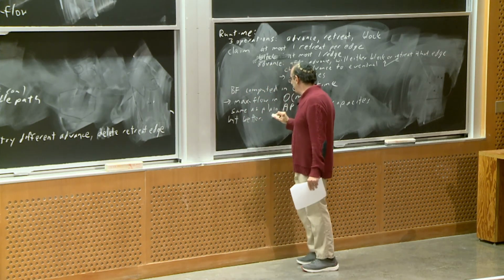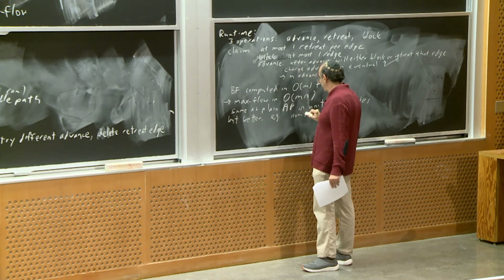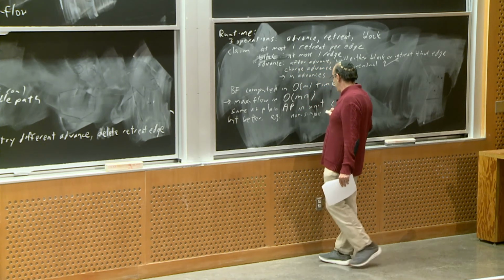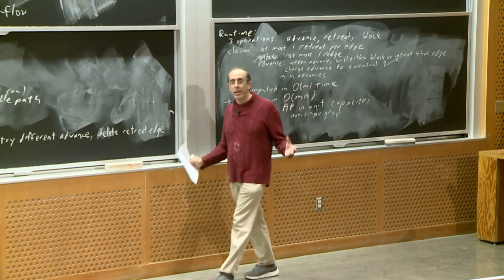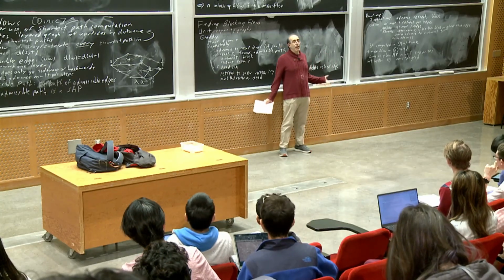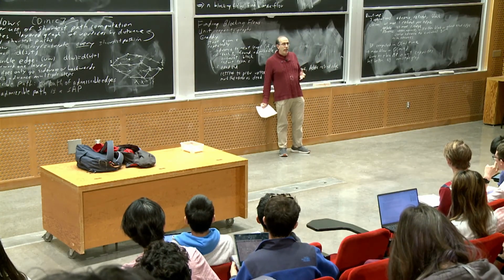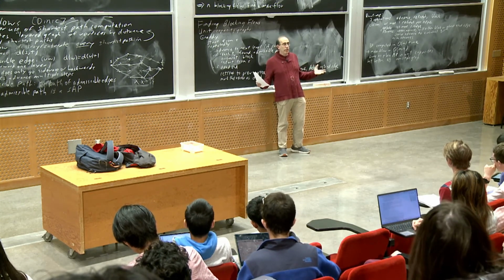So for example, let's consider a non-simple graph. Suppose your graph is allowed to have parallel edges, but is a unit capacity graph. Well, in that case, it's possible for the value of the flow to be larger than n, right?